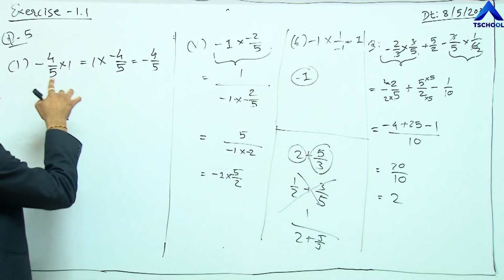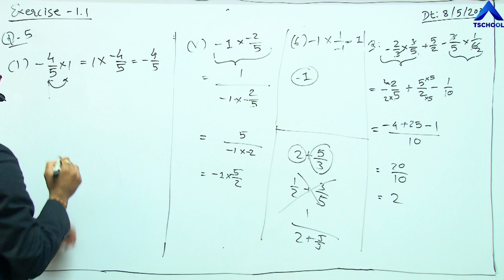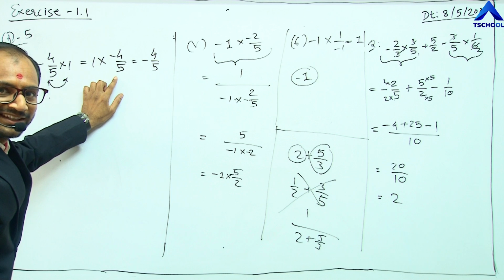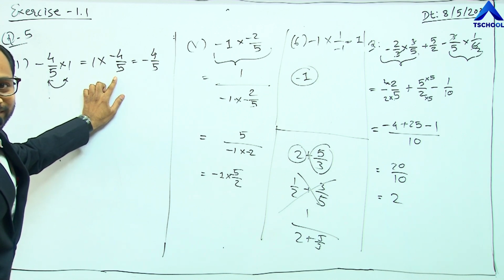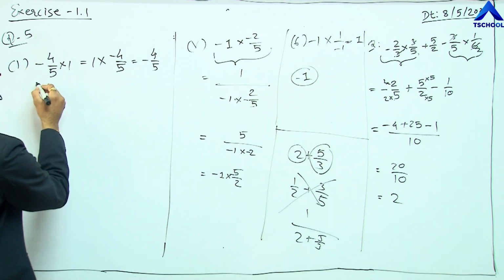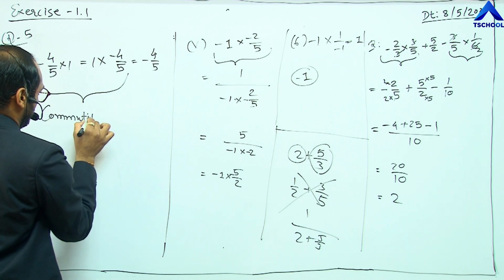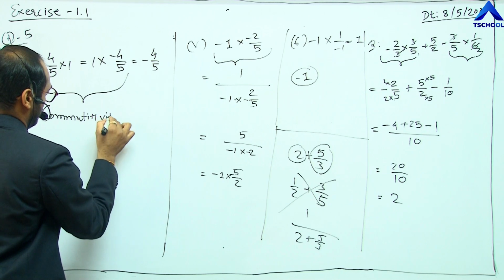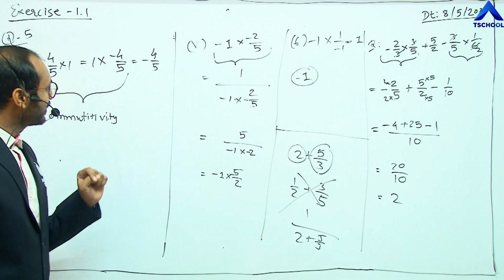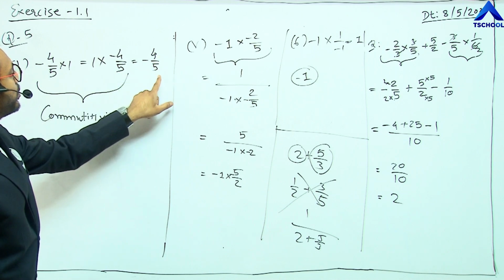See here, we are interchanging these positions. Minus 4 upon 5 into 1 and 1 into minus 4 upon 5, that is commutativity. So we are using the commutativity property here, and the result is minus 4 by 5.